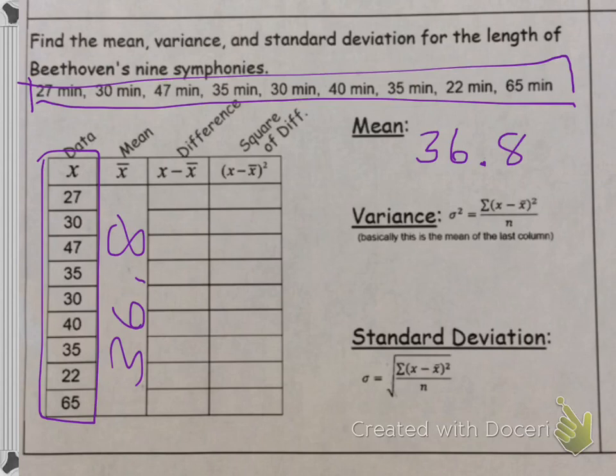I'm now going to fill out my next column, which is my X value minus my average. I take this column's number and subtract this column's number from it and put it in my chart. So 27 minus 36.8.